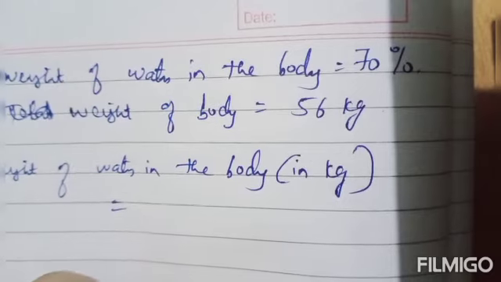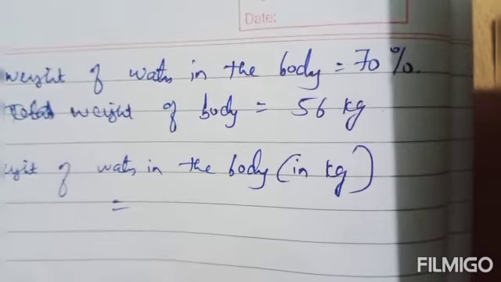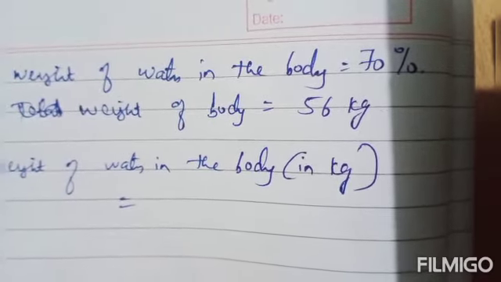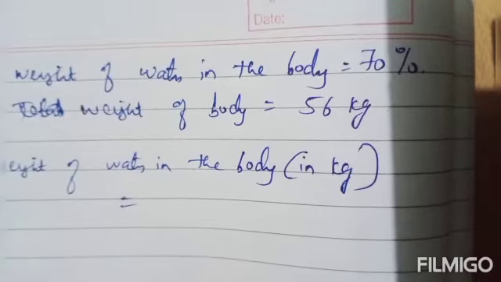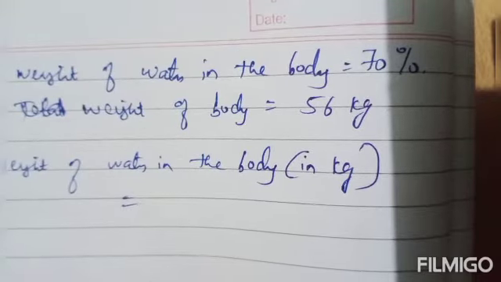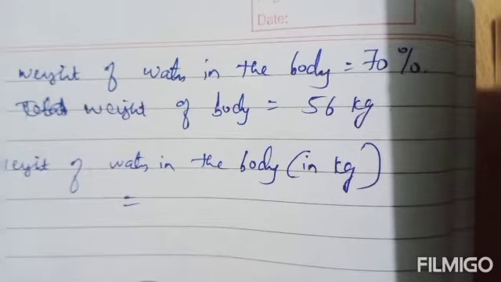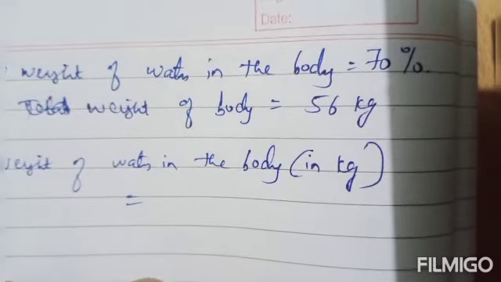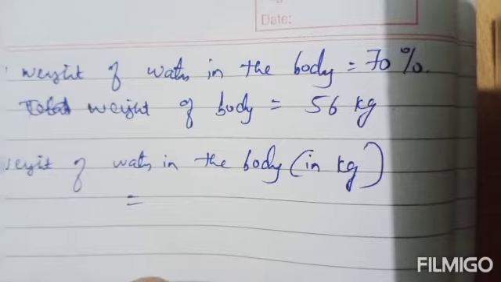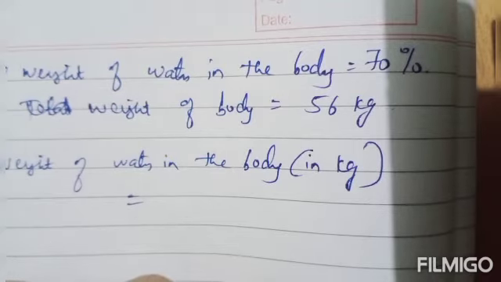Next, ninth question. 70% of our body weight is made up of water. Find the weight of water in the body of a person whose body weight is 56 kilogram. That means 70% of the weight is the weight of water in our body.